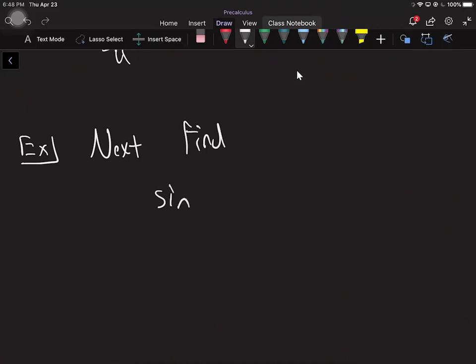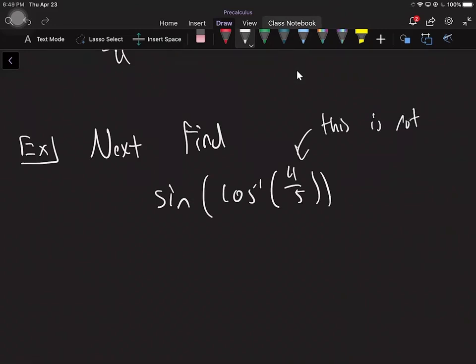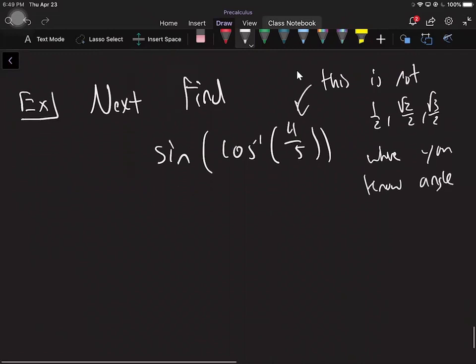So now we're going to do the inverse on the inside and the not inverse on the outside. And it's a bit tricky because this is not one of those good numbers like 1/2, root 2 over 2, or root 3 over 2, where you just know the angle that gives you that x value.